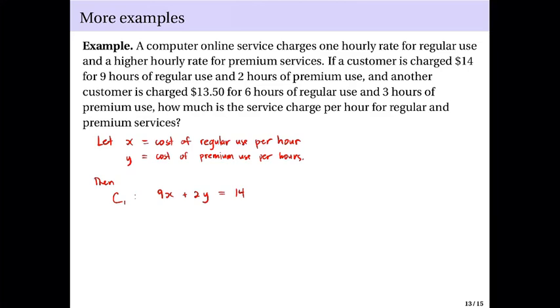And then for the second customer, we have 6 hours of regular use, so that's 6x, plus 3 hours of premium use. So this is 3y. And the total charge is $13.50.